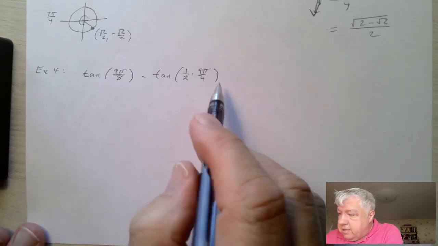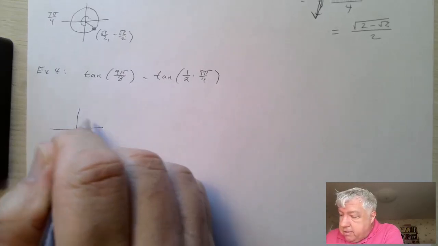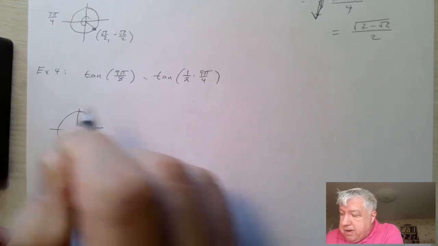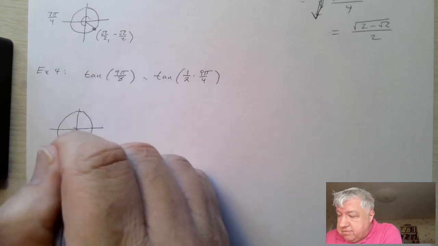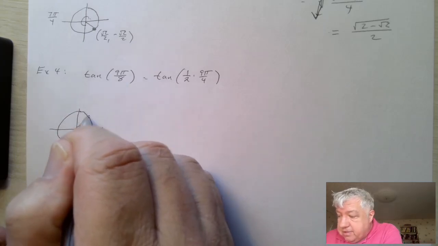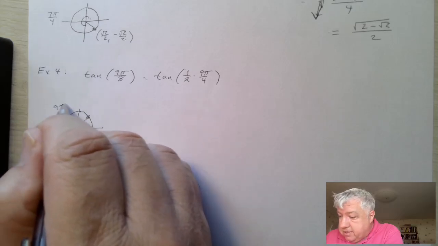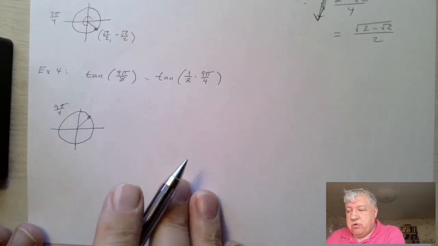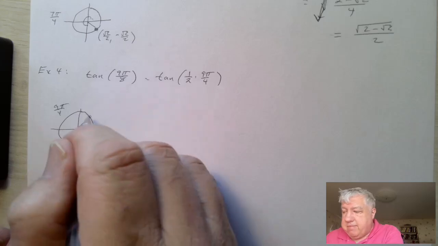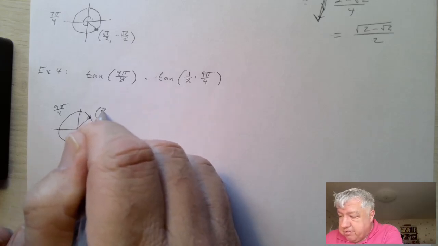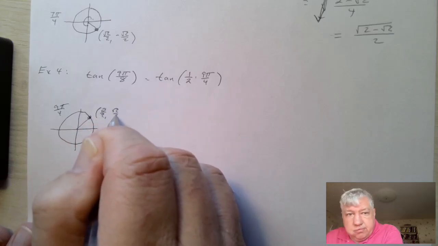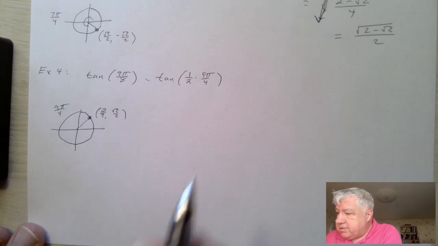Okay, because 9 pi over 4, that's 2 pi plus pi over 4, so it's in the first quadrant. 9 pi over 4 is basically the sine and cosine are the same as for pi over 4, so we have root 2 over 2, root 2 over 2. Okay, so that's a sine and cosine.